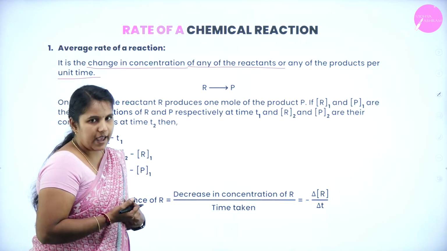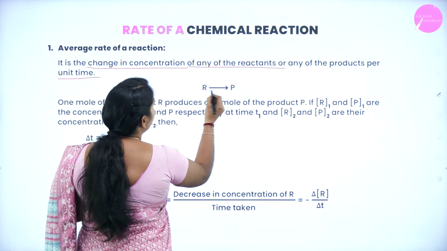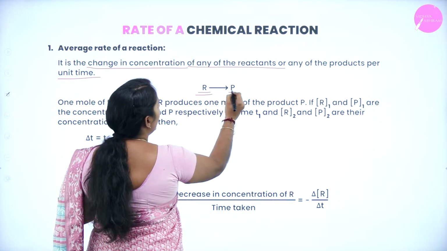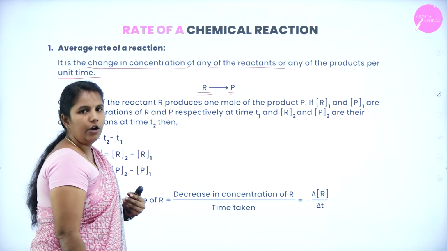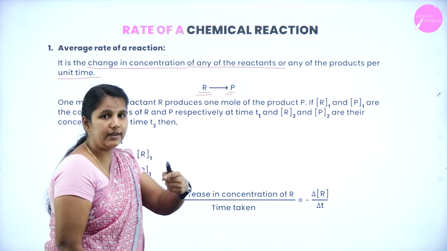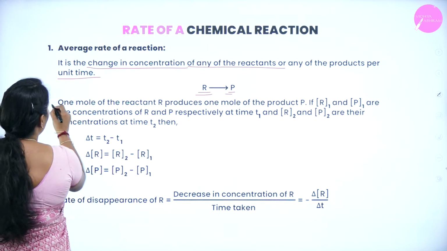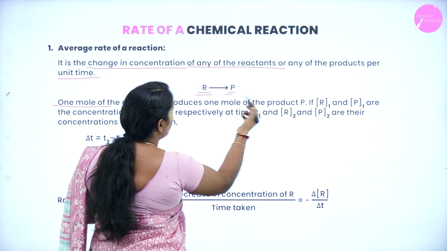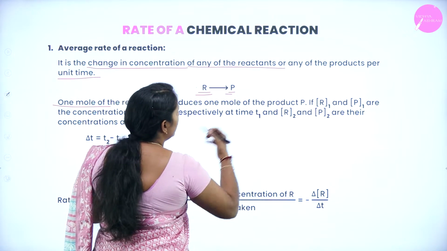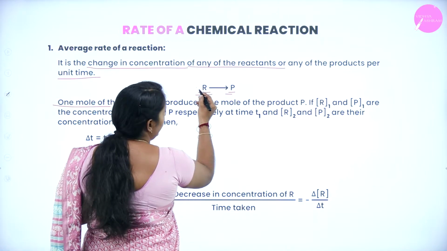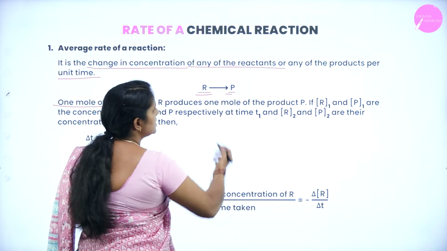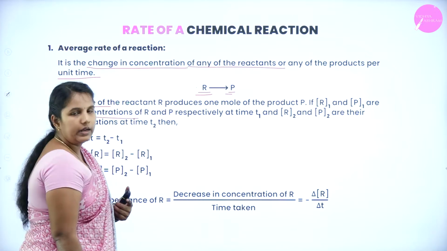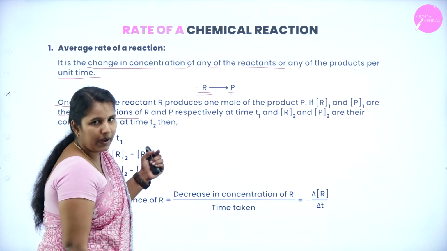Let us consider a reaction where R is giving rise to P, where R is the reactant and P is the product. How to express it in terms of average rate of reaction? Let us see now. 1 mole of the reactant R produces 1 mole of the product. So, the molar concentration of the reactant R1 and the molar concentration of the product P1 are the concentrations of the reactant and the product respectively.